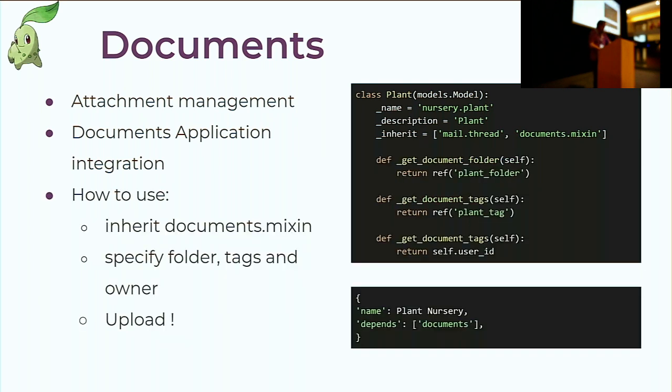And you have a bit of code to do. Basically, you have to say to the mixin the folder and the owner of the documents that you will create. So you just override those three methods according to your business application. And then you can use all the power from the documents with a little code.